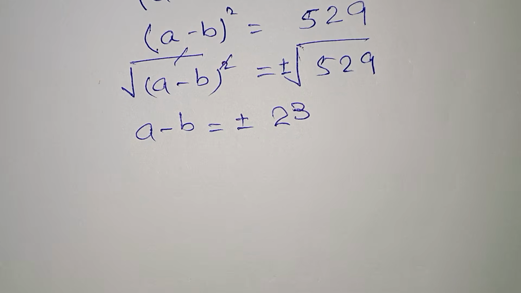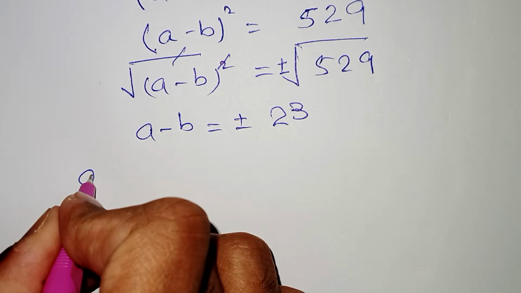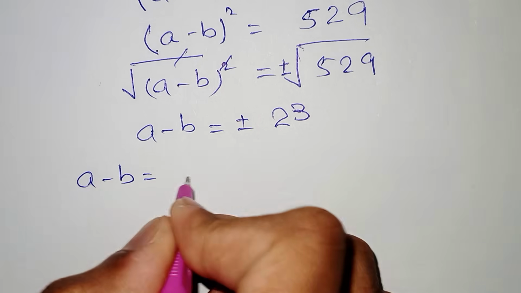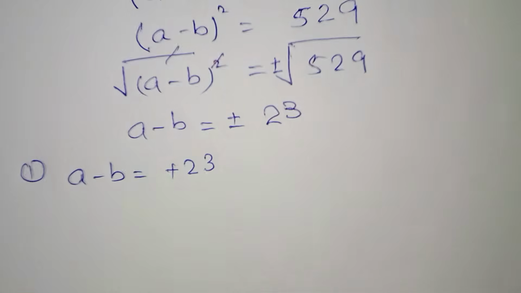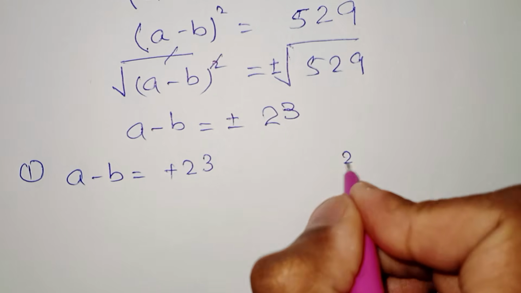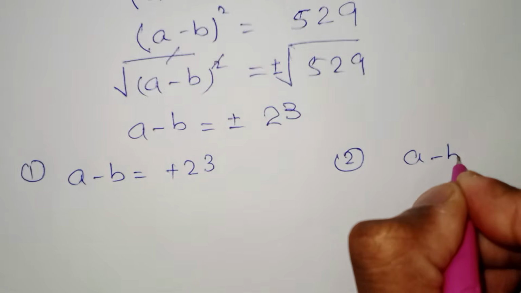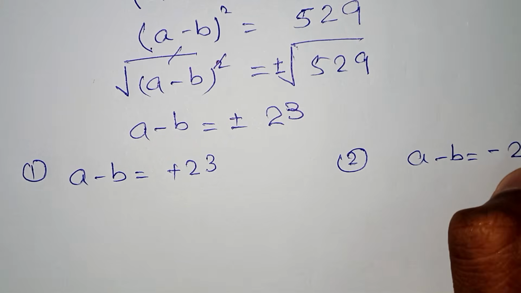So we have two cases: case 1 is a − b = +23, and case 2 is a − b = −23.